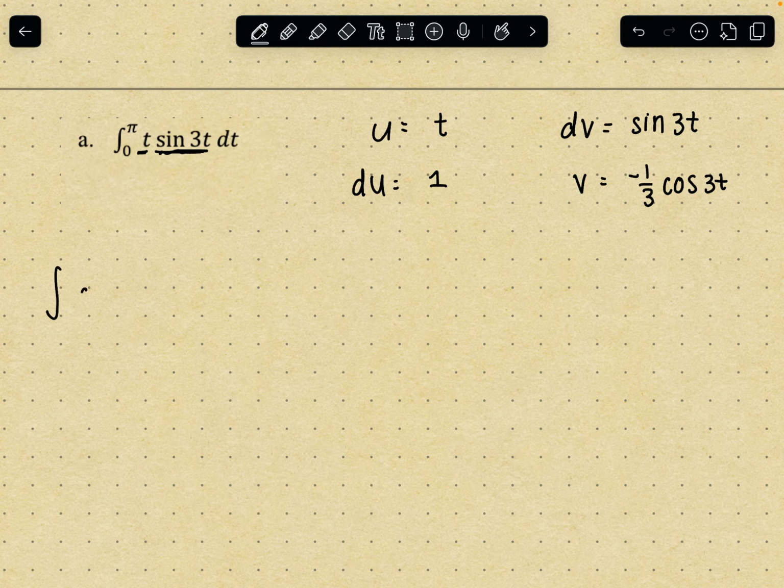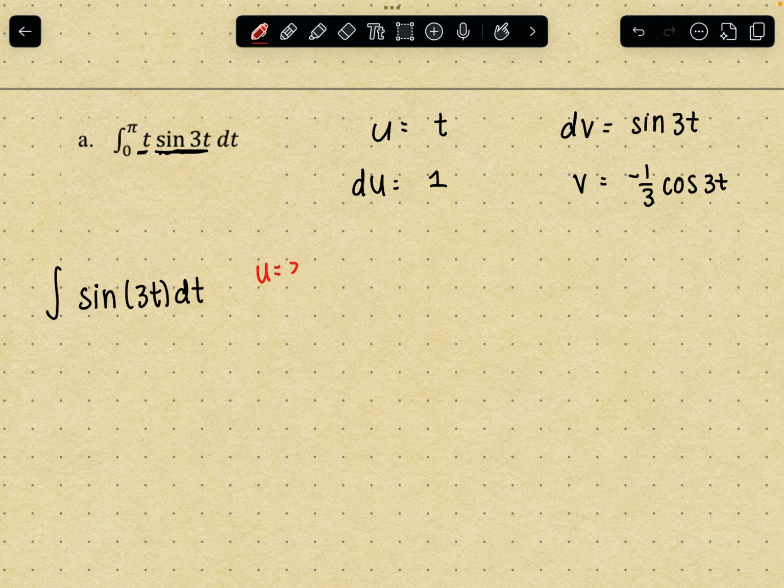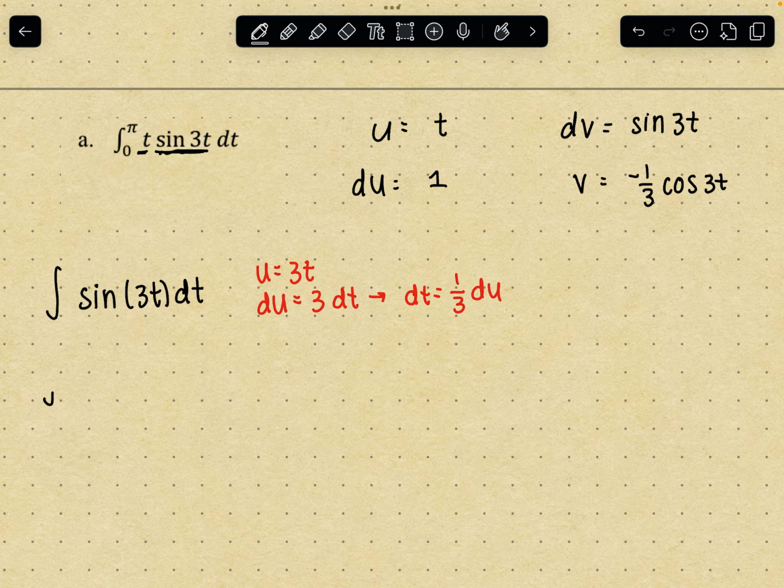The antiderivative of sine 3t can be computed using a u sub, where u is equal to 3t, which makes du equal to 3 dt. Solve for dt, I get 1/3 du. Now if I rewrite this integral in terms of u, I get the integral of sine of u times 1/3 du.